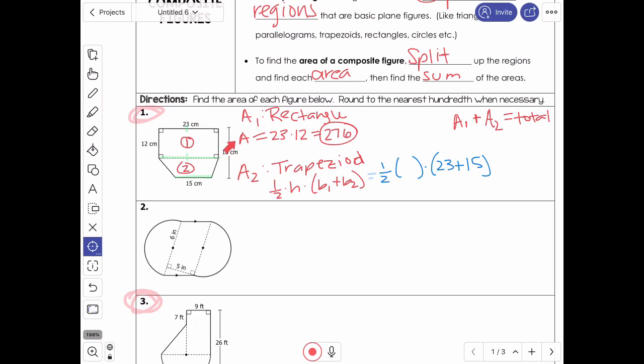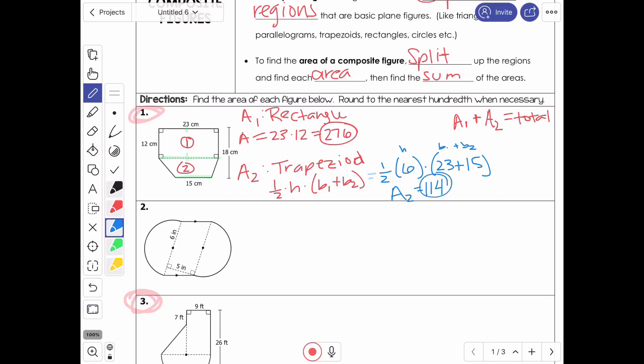So 18 minus the rectangle's height of 12 gives a height of 6. So my height is 6, times base 1 plus base 2. And so the area of the trapezoid turns out to be 114.